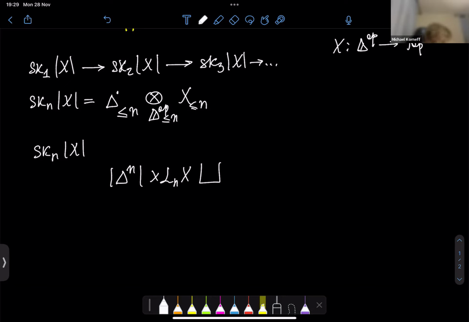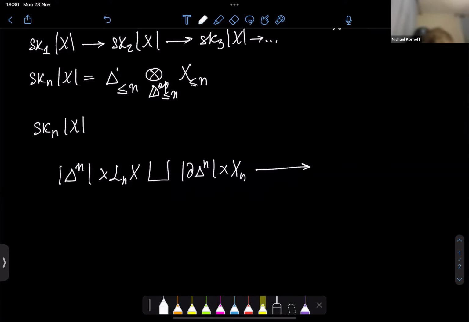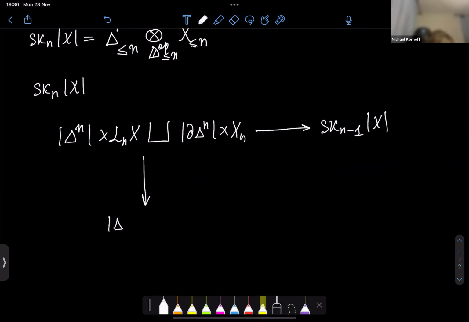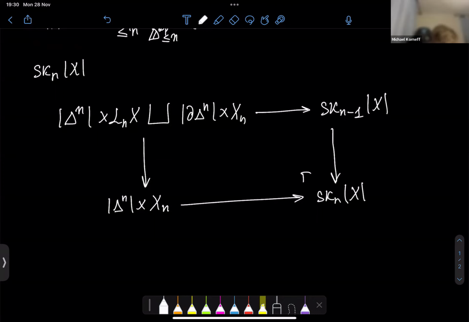We can consider the union of all degenerate maps, and thus we can glue by this term this n-1 skeleton with the product of n simplex and Xn, and we will obtain the n skeleton of the realization of X. Okay, where this map is just a pushout coproduct.